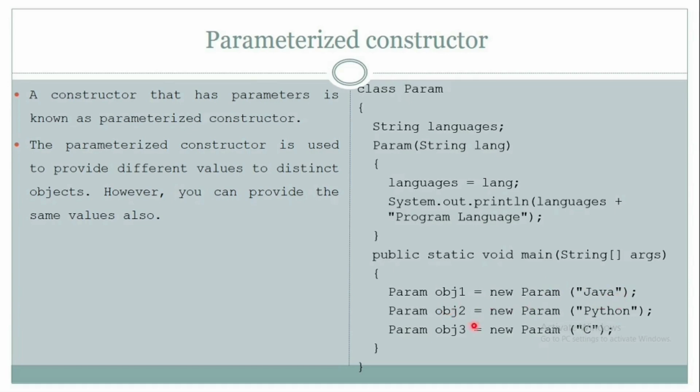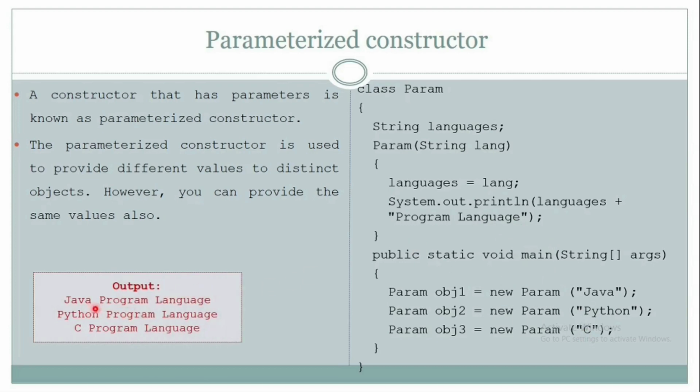Object 1 is passing Java, object 2 is passing Python, and object 3 is passing the parameter C. The final output will be Java program language, Python program language, and C program language. Since there are 3 objects, this constructor is called thrice. Whenever an object is created, this constructor is called.